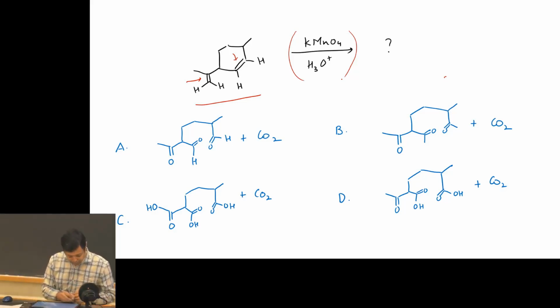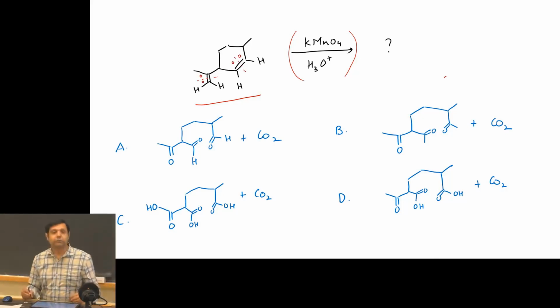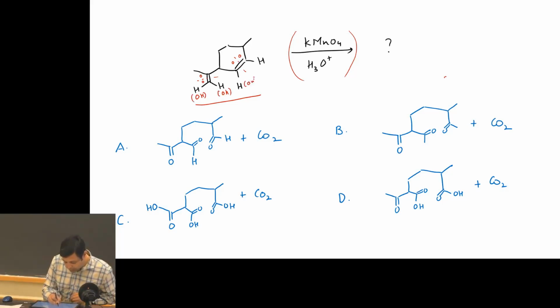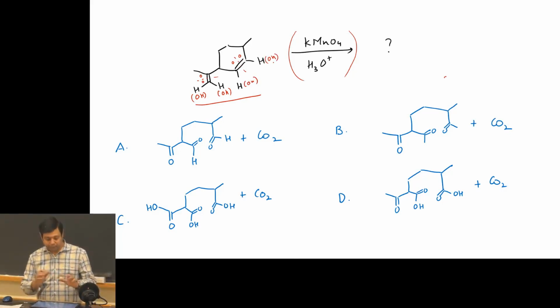So let's write the product. Split up this double bond, add oxygen on either side. Similarly, split up this double bond, add oxygen on either side. All the hydrogens connected to the double bonded carbons get converted to OH. Everything else remains the same.